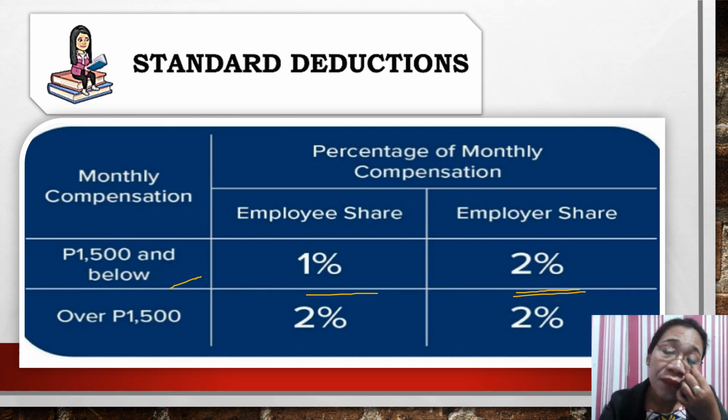Pero yung sahod mo halimbawa is 10,000, you belong to this category, wherein ikaw ay magbabayad ng 2% at yung employer mo another 2%. Simple lang ang pag-compute. Tandaan kasi meron tayong exercise mamaya. Okay, next.